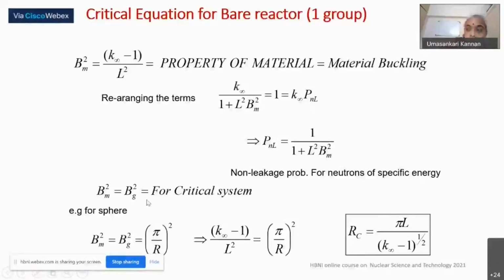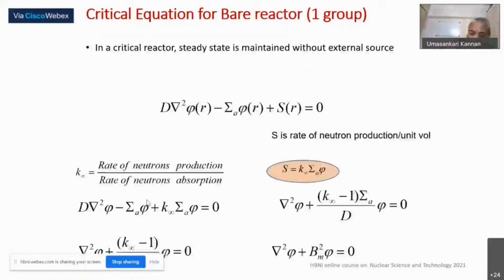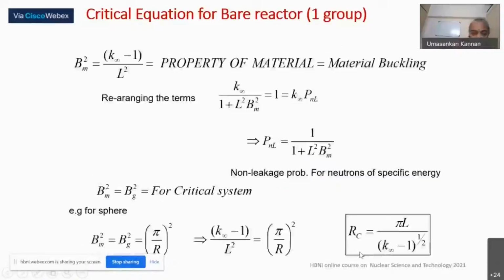Now we are also talking about a finite reactor, which could be a slab, a square, a cylinder, a sphere and so on. When I derived this neutron balance equation, I told you that we derived it for no external source. We said that del square phi plus B square phi is equal to 0.